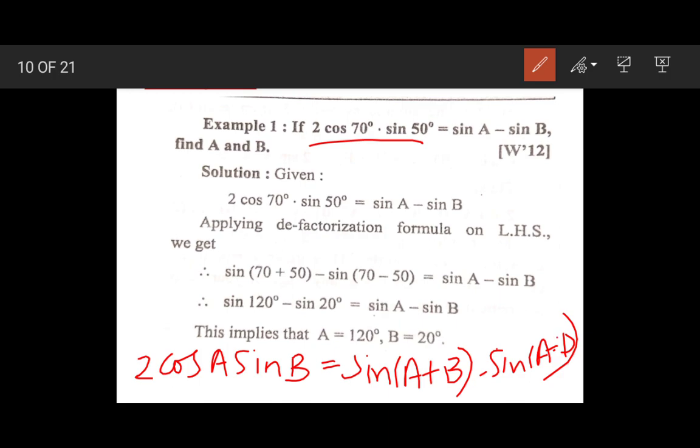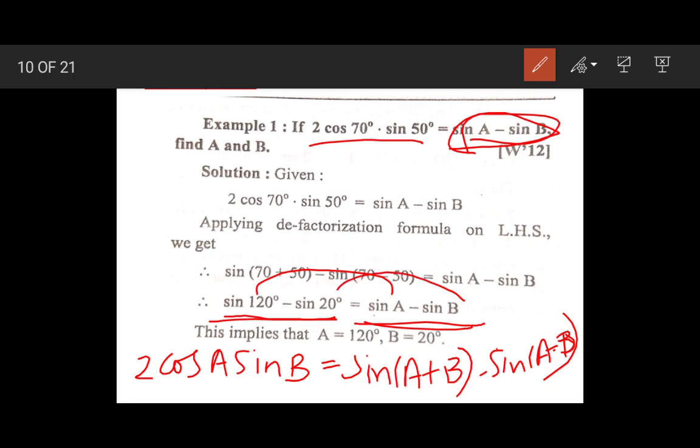So I have to use this formula, and I get exactly the form of the right hand side, sin 120° − sin 20°, equal to sin a − sin b. From the equality, by equating these two terms, we get a is equal to 120° and b is equal to 20°.